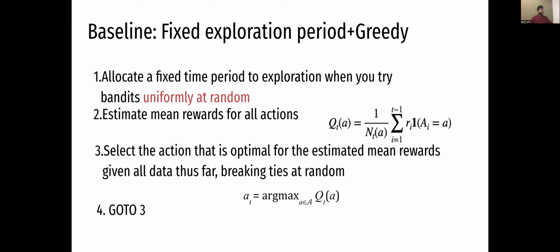So this is called fixed exploration plus greedy. Greedy means choosing the best action, which they get from the exploration phase. This is a straightforward approach to solving the multi-armed bandit problem, and it allows the agent to gather sufficient information during the exploration phase and then exploit the best action based on this information.